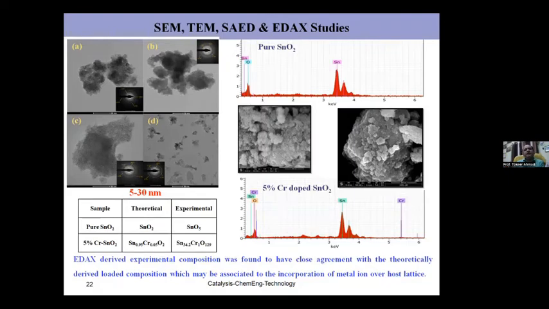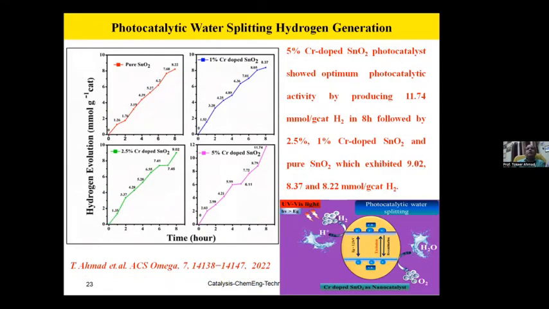The EDX studies show that the experimentally loaded composition is in close agreement with the theoretically loaded composition for the chromium doped SnO2 nanoparticles. So this is the photocatalytic water splitting studies.